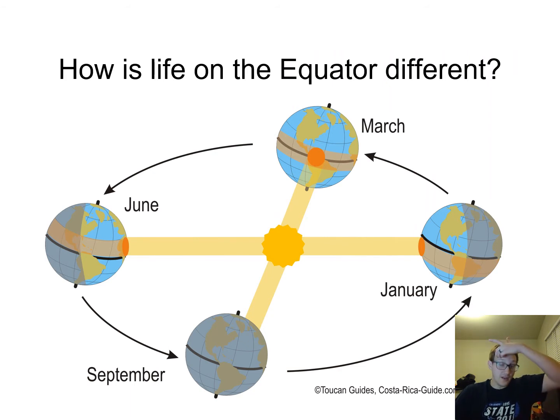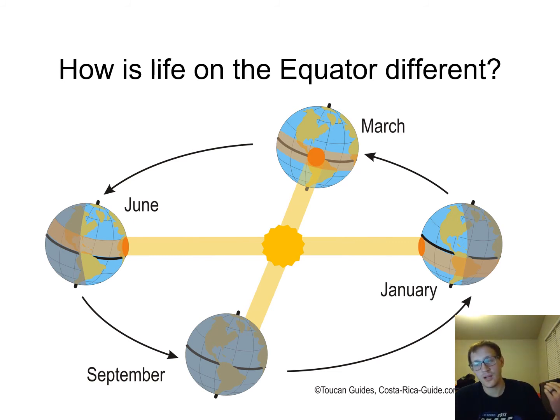Okay, and then like I mentioned before, how is life on the equator a little bit different? The only difference that there's going to be is that they don't get drastic seasonal changes. They get a lot of the same sun rays all year round.